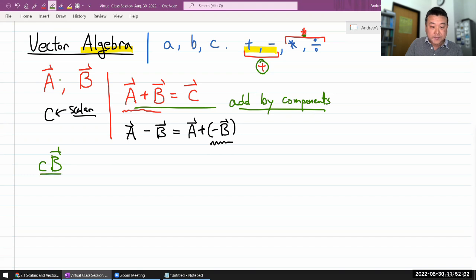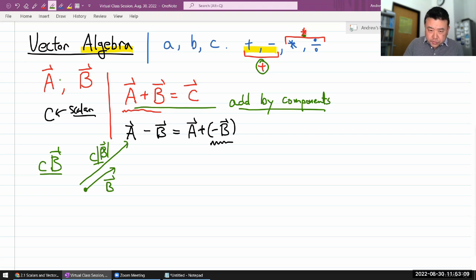C, scalar, times B. In graphical terms, if you have a representation of your vector B, and C is a number, then C times B is a vector that points in the same direction as B, and its length is C times the magnitude of B. That's how we would visualize scalar multiplication.